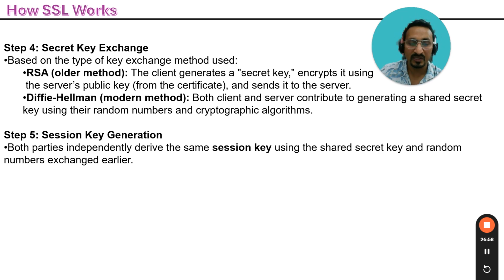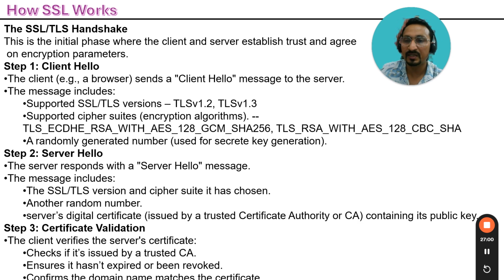If you see this mechanism, it's multifold. The client sends hello, then the server sends hello, then the certificate is shared, then a key exchange happens, then the session key is generated. So there is a lot of back and forth happening. This back and forth communication happens in TLS 1.2.